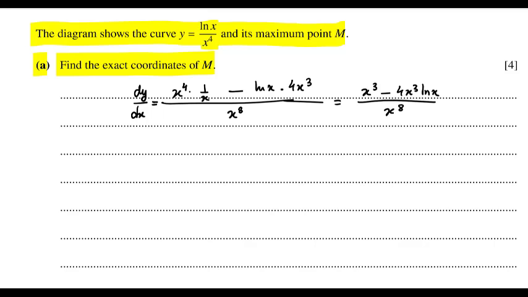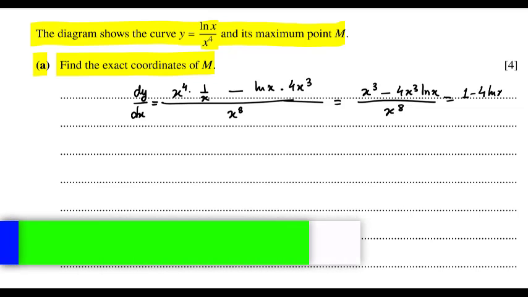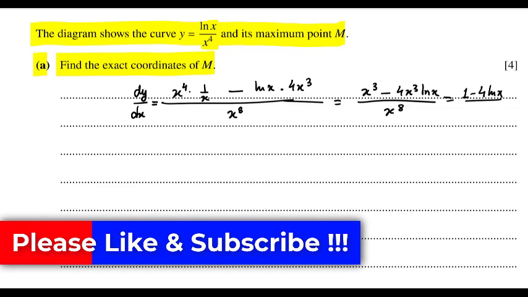We can take x cube common and cancel, so directly we can write it as 1 minus 4 ln x upon x to the power 5.